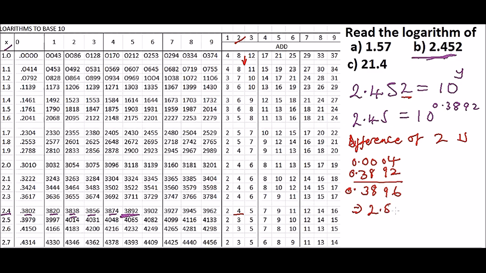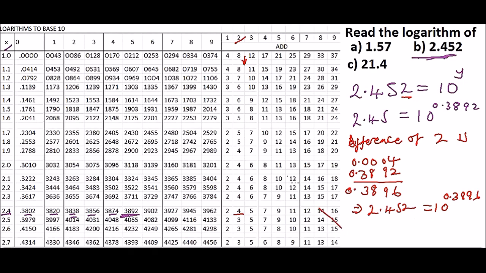Implying that 2.452 is equal to 10 to the power 0.3896.